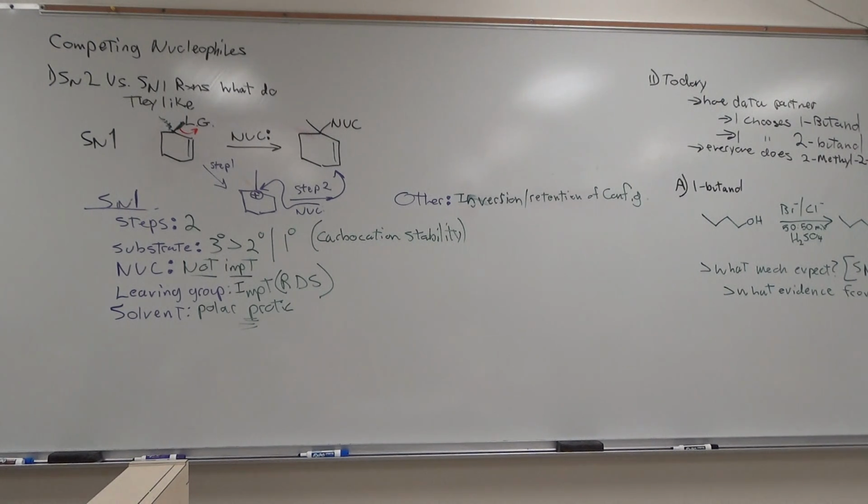That's vague. That might be too hard of a question to ask. There's more of the bromide. Yes! We would expect more bromide. Why would we expect more bromide? Because bromide is more polarizable, exactly.